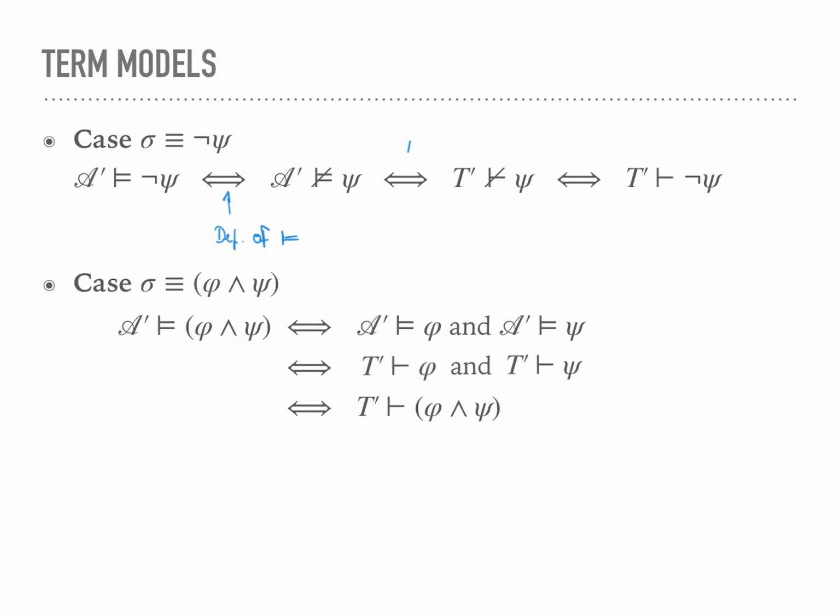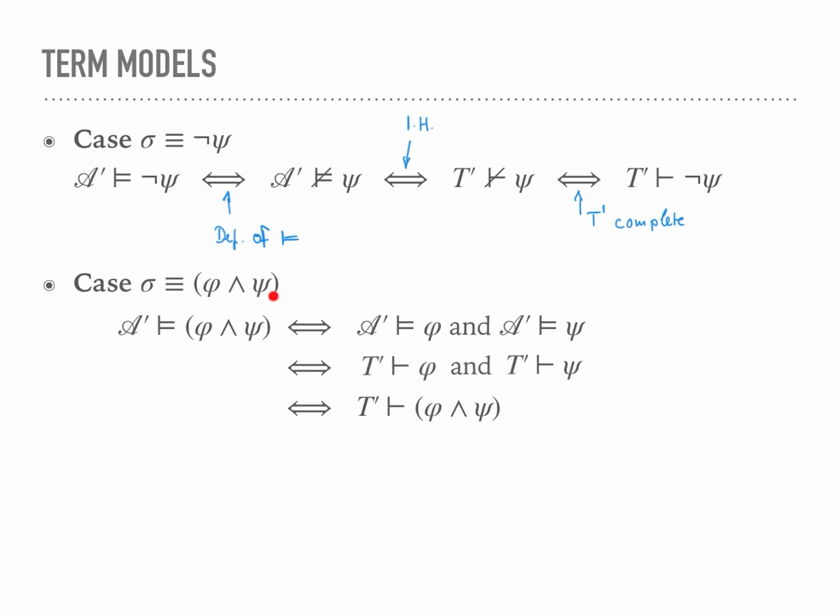So by inductive hypothesis, we can now see that this is equivalent to T prime not proving psi. And now comes the step that we have not been able to do for general T, because T might not be complete. But now that we know that T prime is complete, we can argue that this is the case if and only if T prime proves not psi. So we have done this first case.